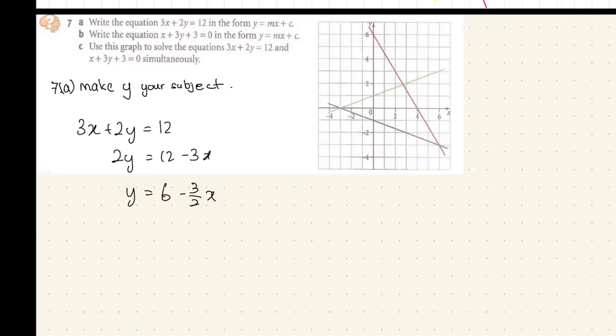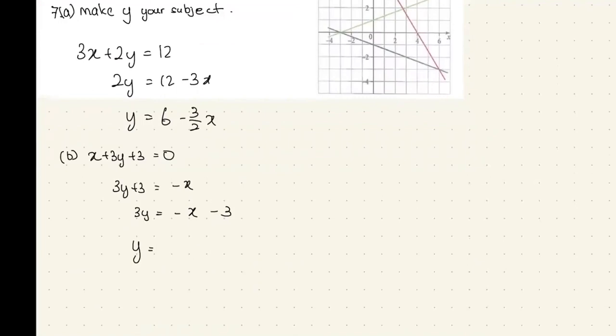Okay, then do B. -1/3x. This one here, you just need to try your best to understand what happened here, because I just want you to know that this one is actually -1x.